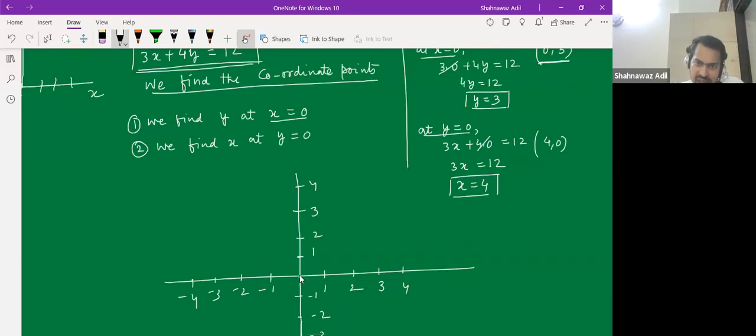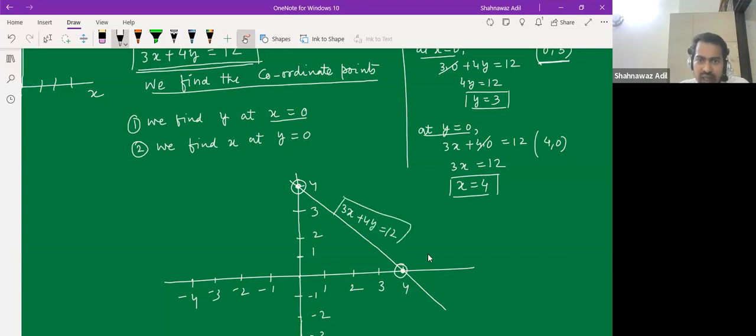In x I go 0, and in y I go 3. So this is my 0 comma 3, right? And 4 comma 0. In x I move 4, and in y I move 0. So this is the point, right? Then I join these two points. So this will represent 3x plus 4y equals 12.